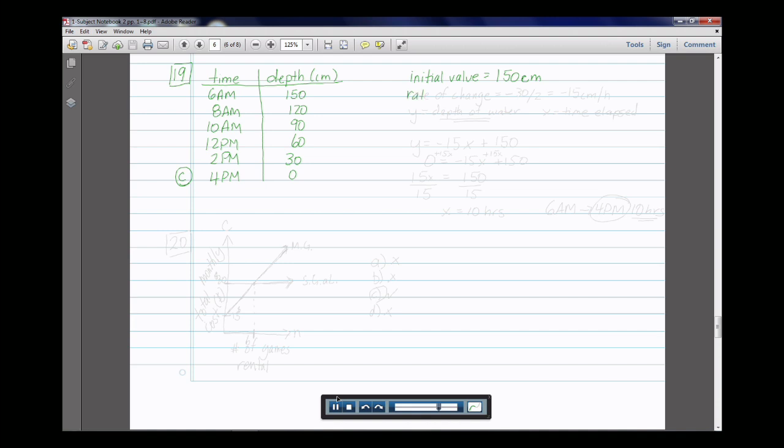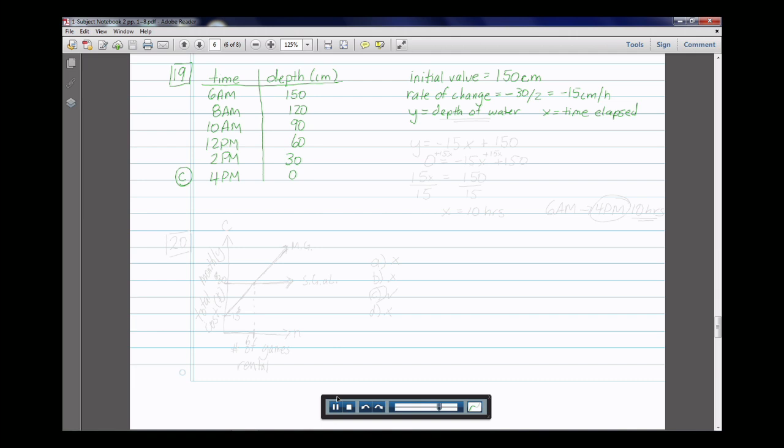The rate of change, you have to be careful, you're dropping, so it's a negative, and it's 30 centimeters every 2 hours, so it's going to be minus 15 centimeters per hour. And you'd have the y as the depth of the water, because that's your dependent variable, and your x is time elapsed, your independent variable.